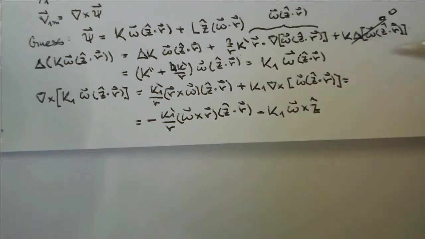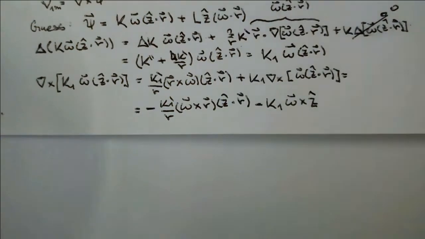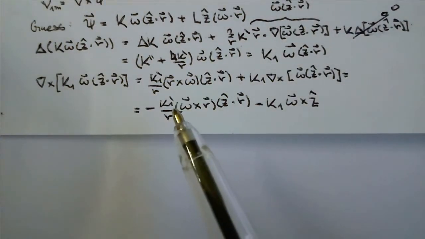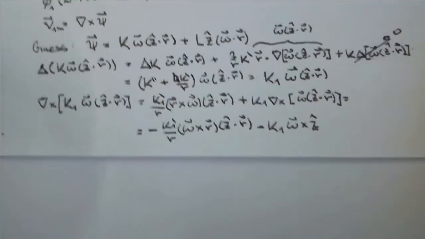So you have to compute the curl of k1, or this part, which is the derivative, and there is r. Oh, I will just rewrite the last line so you can see clearly what is going on.